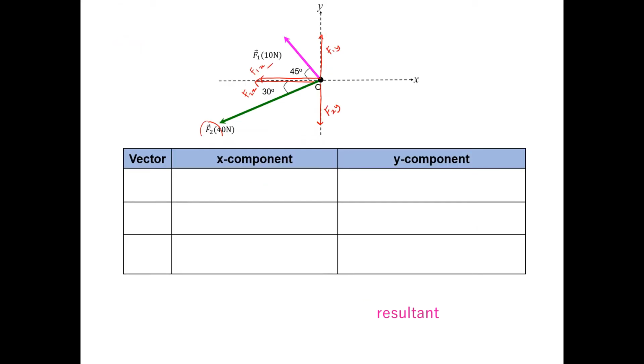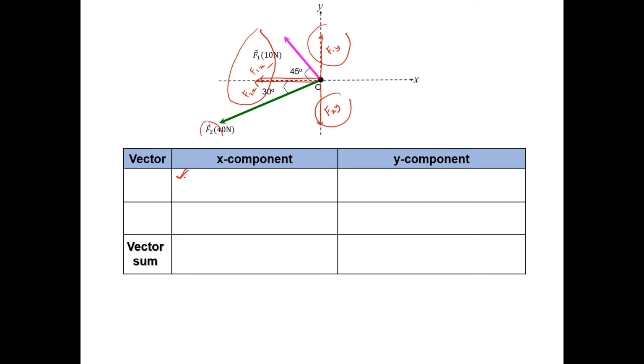So we have done the drawing of the vector components just now. We proceed with the calculation of the x and y components. If you look at this example, we have F1x and F2x and also F1y and F2y, so overall we have 4 components to be filled in this table.